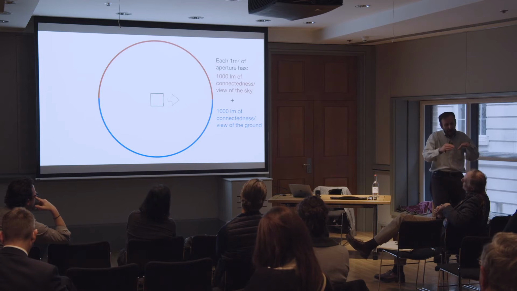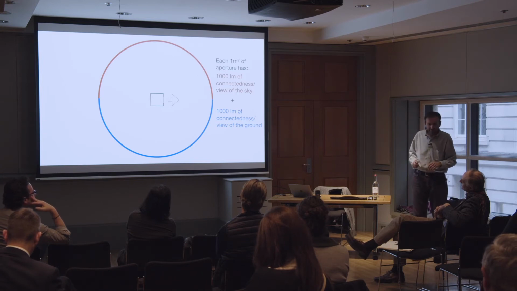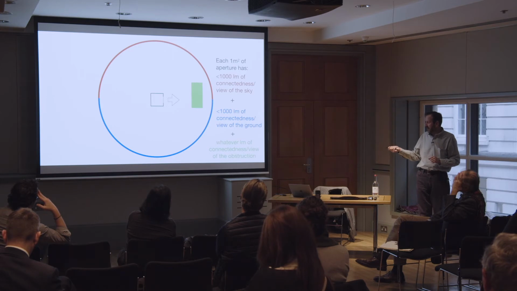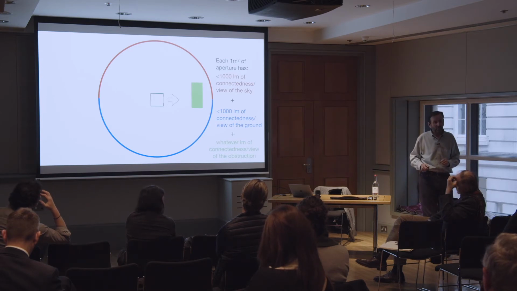It's half of your hemispherical view from the aperture there. And then what happens if you've got an obstruction in there? You'll have less than 1,000, plus whatever lumens of connectedness that you're getting for that obstruction.